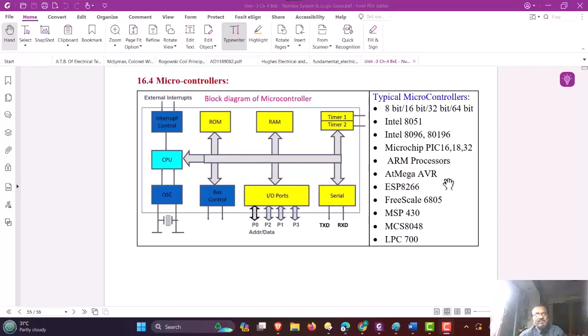The ARM processor is designed and developed by ARM and implemented under license by many other companies. Most mobile phones have multi-core ARM processors. Atmel Corporation has a wide range of microcontroller series. One of the famous series is the AVR series.